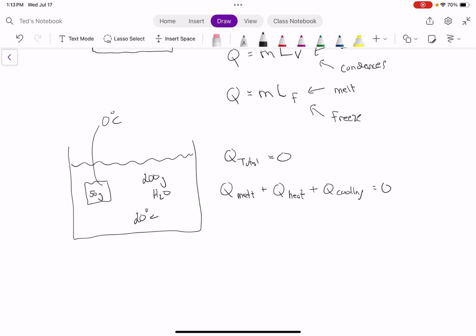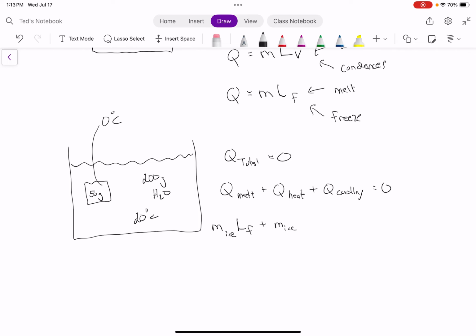So this is going to be M times the latent heat of fusion, and this is going to be a positive number because we are melting the ice and it requires energy to melt the ice, plus, since we've got two different masses, I want to be sure to label this as the mass of the ice that we started with times the latent heat of fusion, plus now the ice has turned into water, but it's still the 50 grams. So I'm still going to label that the mass of the ice, but now it has turned into water and it's heating up.